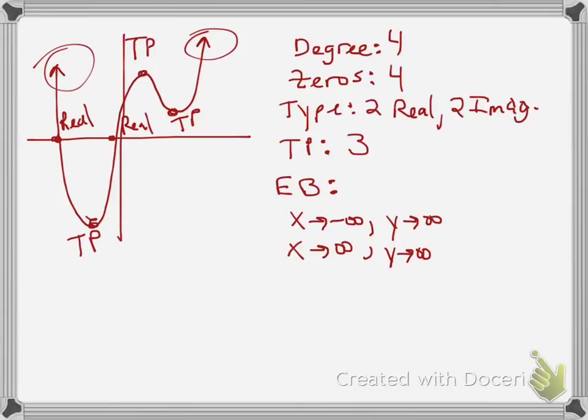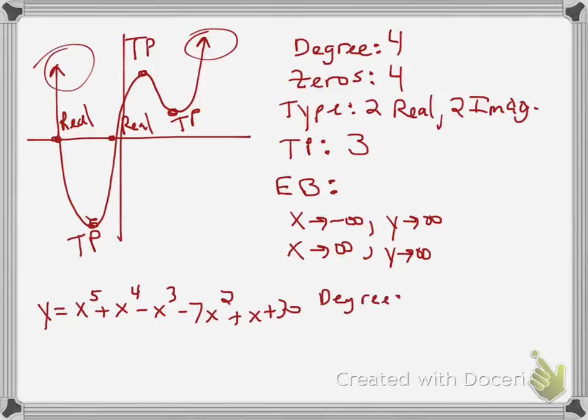We can do the exact same thing with an equation. So I'm going to write x to the fifth plus x to the fourth minus x cubed minus 7x squared plus x plus 30. We're going to identify all the same things. Now we're working with just the equation. I don't have the picture anymore, and I don't need the picture.